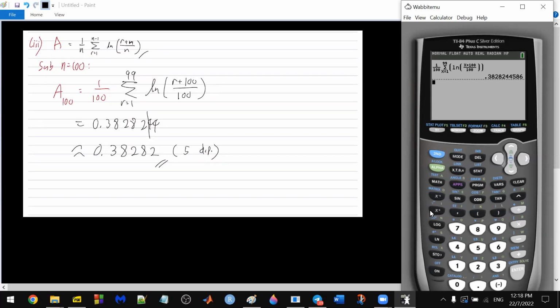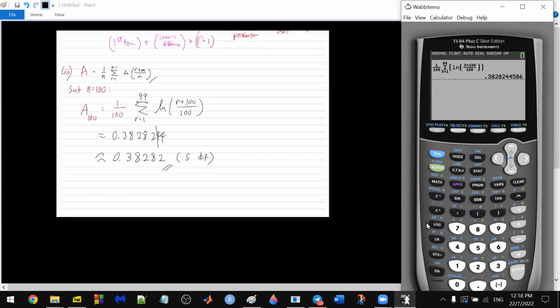Then, hence find an approximate value for ln of 2. How? Ln of 2? Why suddenly got ln of 2? What's going on? So we have to look back at the diagram.